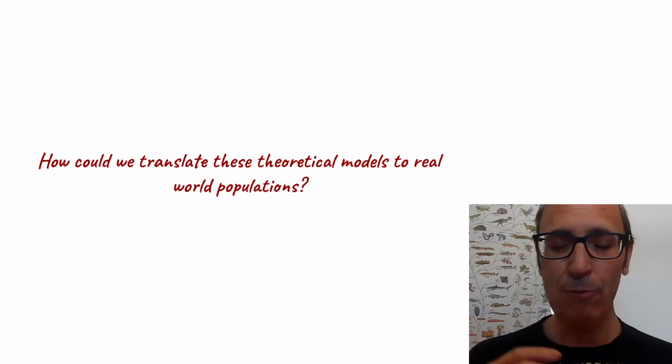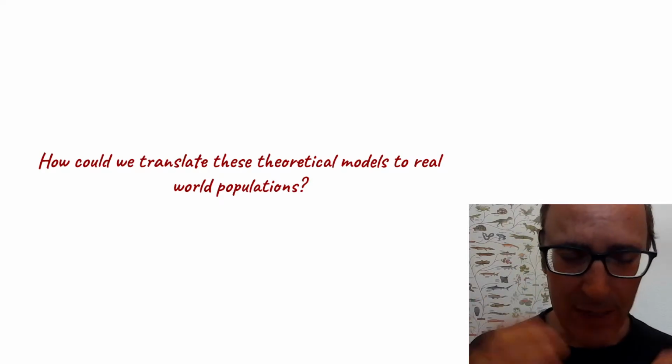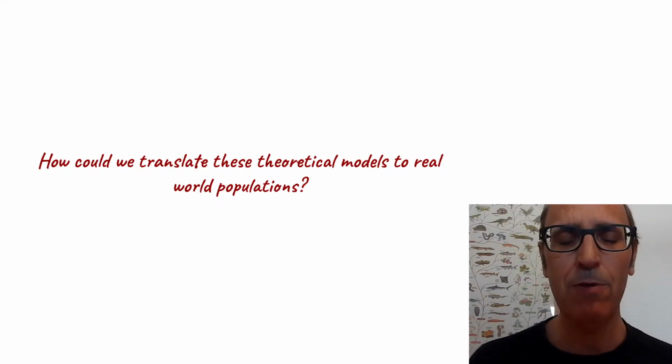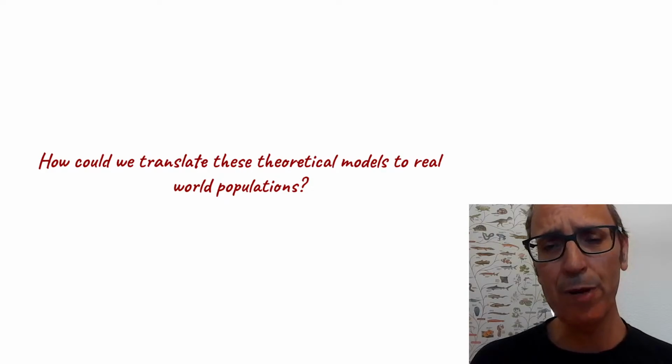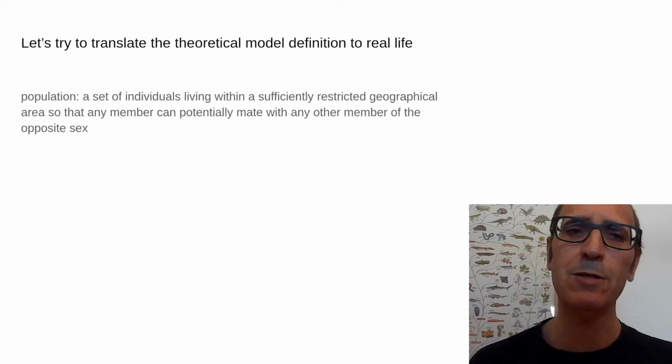But now we have a problem. It's very good to think about theoretical populations, but what about real populations? Or how can we apply what we have learned by studying theoretical populations to real world populations?